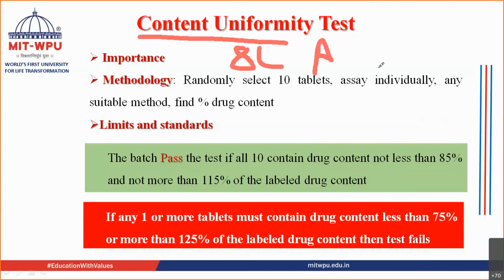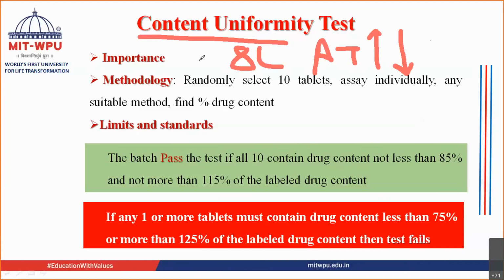It should not be very high or very low. Very high active ingredient is going to lead to toxic effect, whereas very low quantity is not going to show the desired effect. So each and every tablet should have the uniformity of active ingredient.